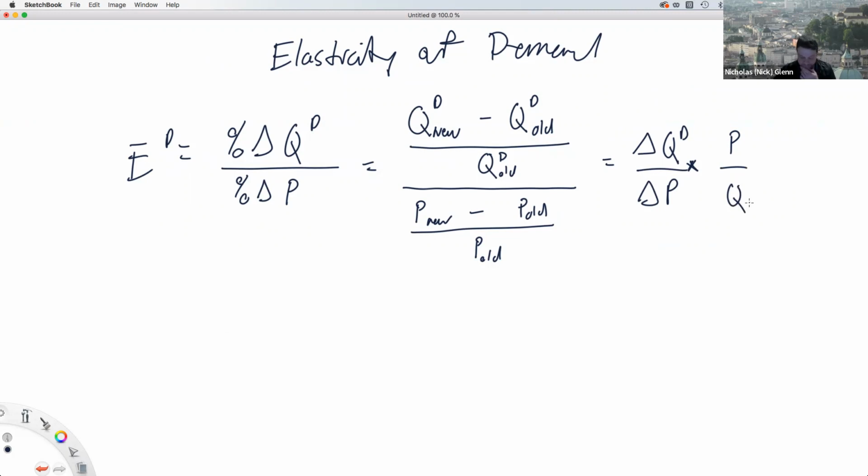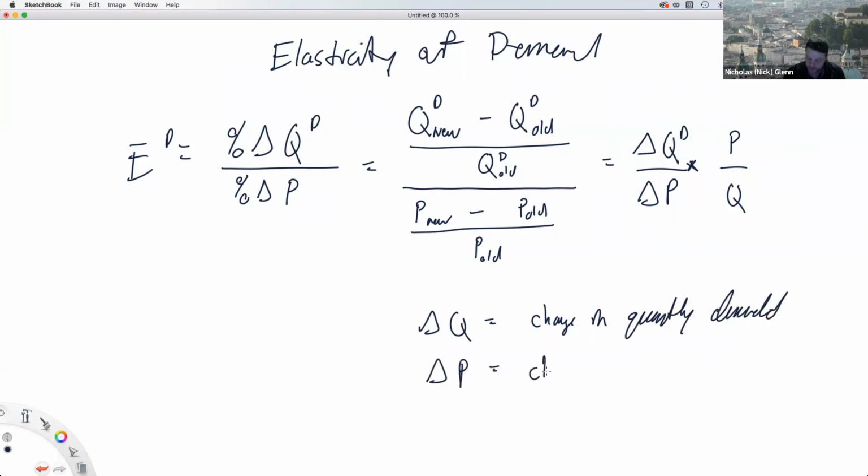And like we said, the change in quantity here is just the change in quantity demanded, and this is just the change in price. Okay, so that's our formula.